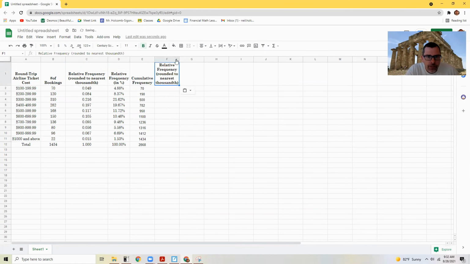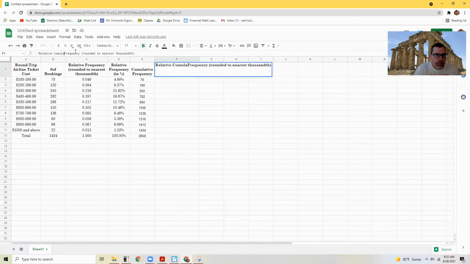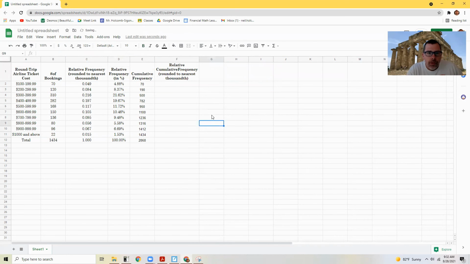Control V. Okay, but I'm going to add the word cumulative. Okay, relative cumulative frequency rounded to the nearest thousandth. So what was this formula? This was B2 divided by our total.